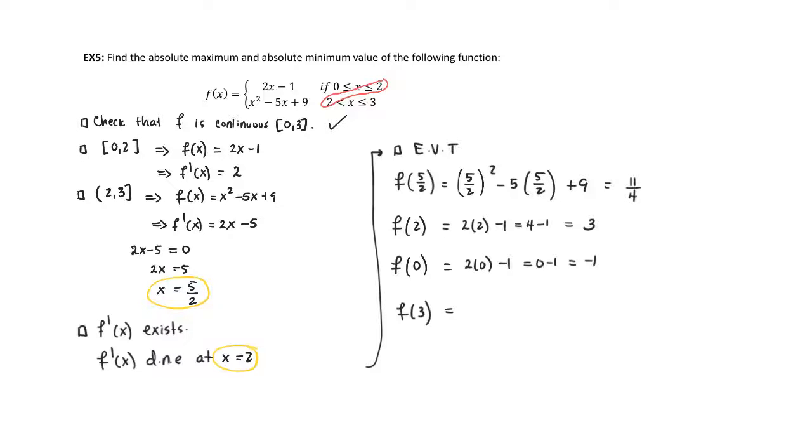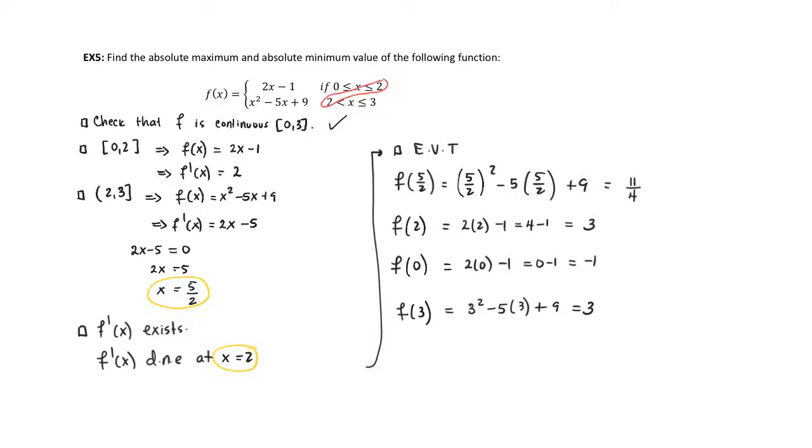And then we need f of 3. 3 is on the second part of the function, on the quadratic. So then 3 squared minus 5 times 3 plus 9, that will give me nicely 3. So the absolute maximum, now I'm going to go ahead and look for the highest y value.